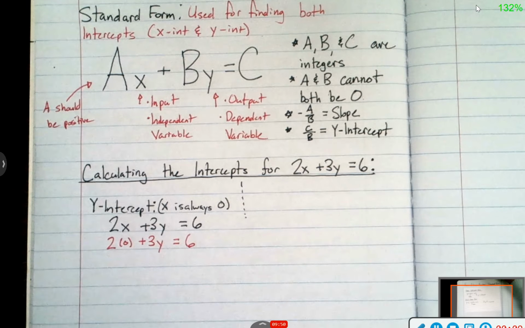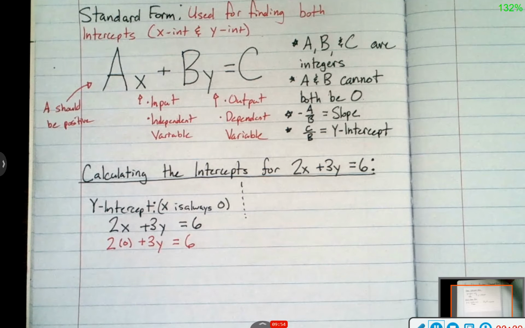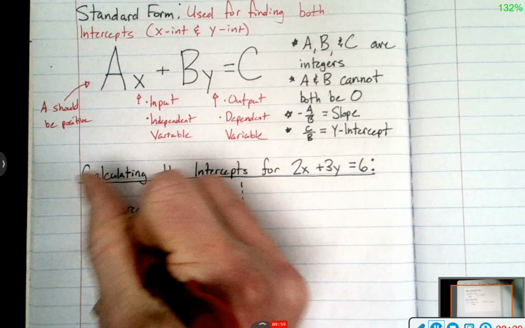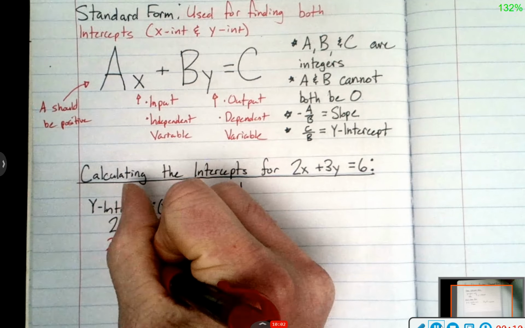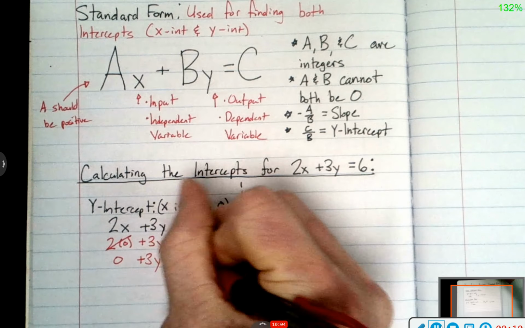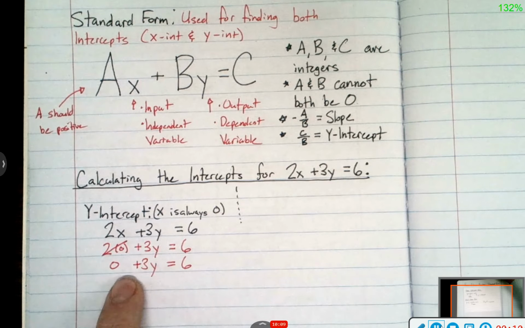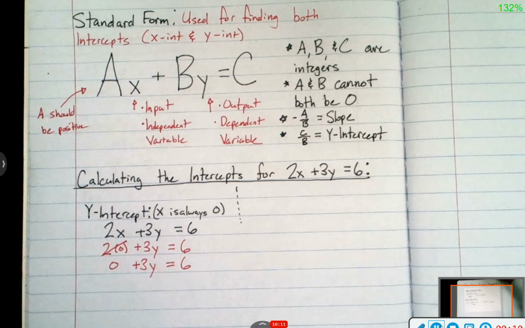Plugging in 0 for x gives me 2 times 0, which is 0 plus 3y equals 6. I didn't need to necessarily write this 0 here, but just to really show you that this essentially removes the variable from the equation.